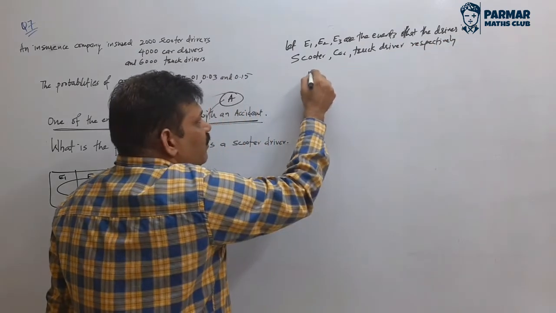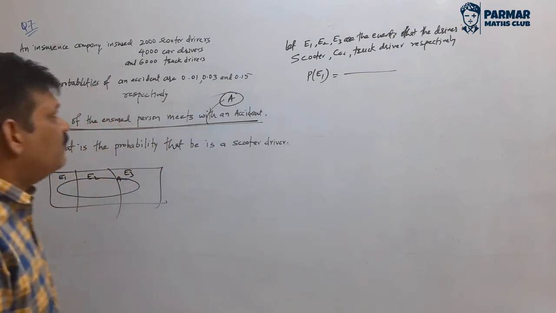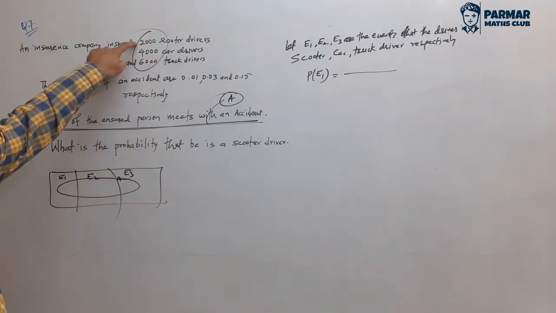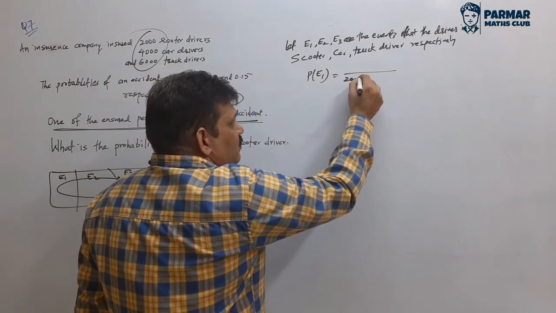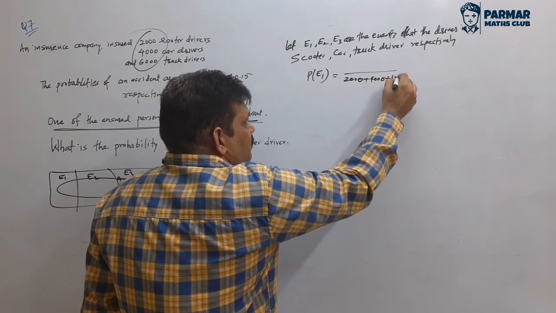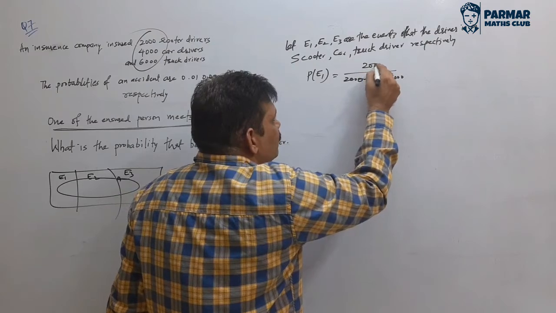So probability of E1. How many total drivers do we have? Total number of drivers is 2,000 plus 4,000 plus 6,000. Out of this, how many scooter drivers do we have? 2,000.